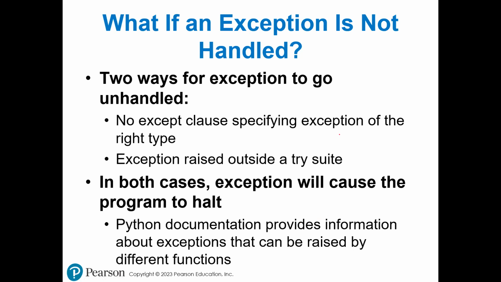Now, if your exception was not handled, or for example, you did not think that an exception might occur, but some sort of exception does occur, Python will show you which type of exception happened. After you see that, you can go back to your code and make sure that you are checking if that exception has occurred.